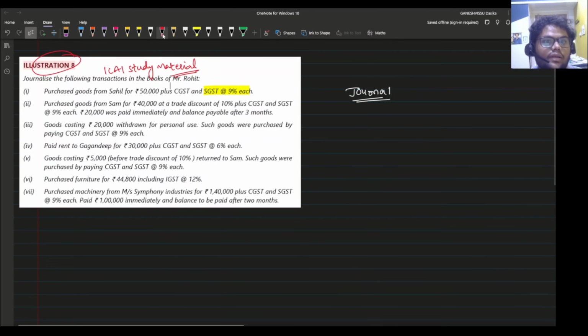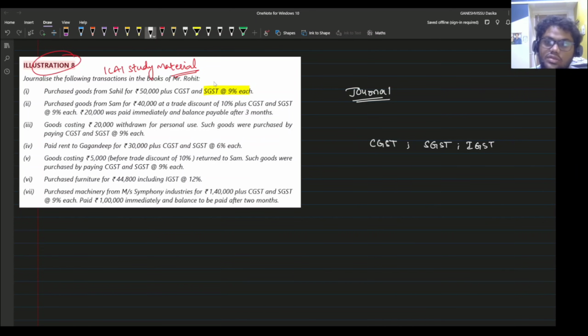From that ICAI material, I have taken a question. While going through the material, I got to know that there is a question related to GST, where GST is divided into CGST, SGST, and IGST as well.